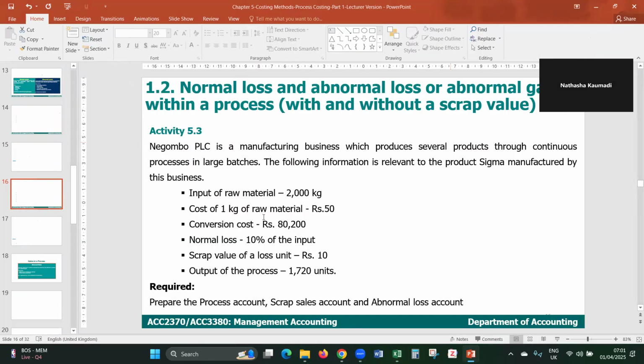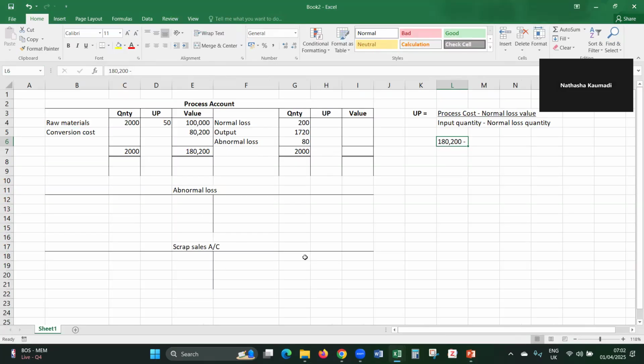Now, this is where you do this thing. You can sell these loss units at a price of 10 rupees. So here, even though previously we didn't put a value for the normal loss, you put a unit price of 10 for the normal loss because you can sell these 200 units at a price of 10 rupees to outside parties.